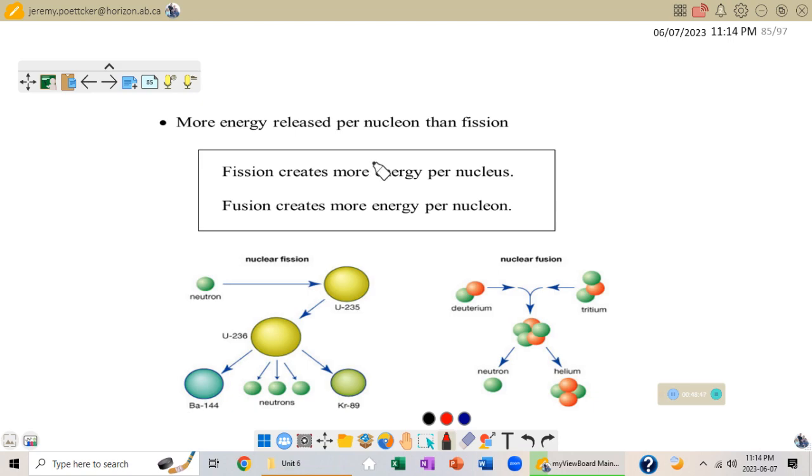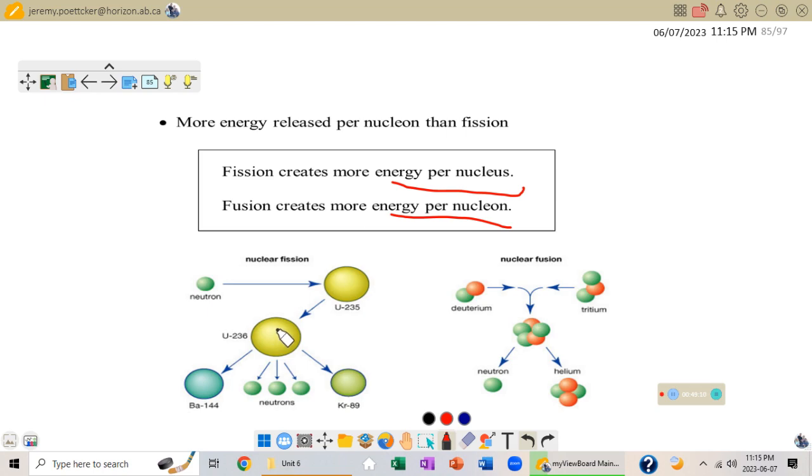More energy is released per nucleon than fission. So fission creates more energy per nucleus. Fusion creates more energy per nucleon. Right? This has got 235 nucleons, becomes 236.